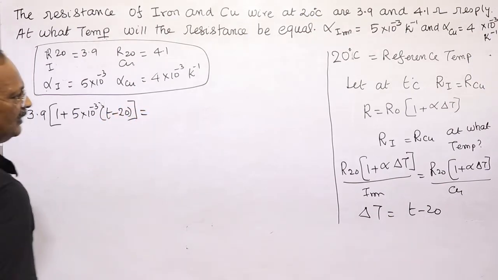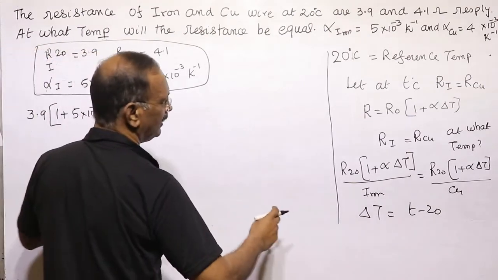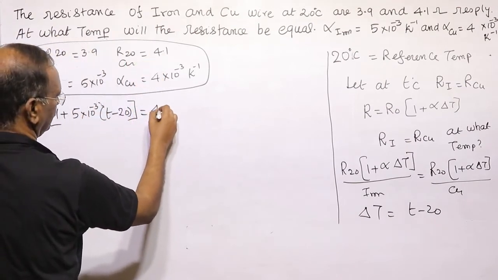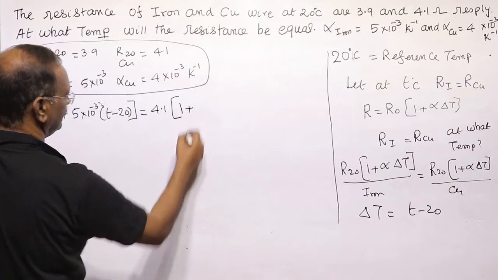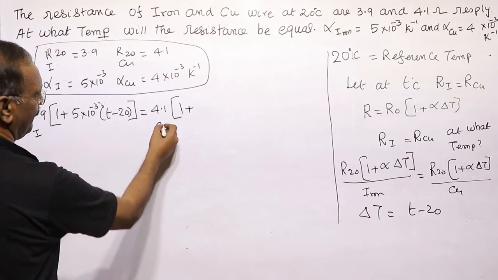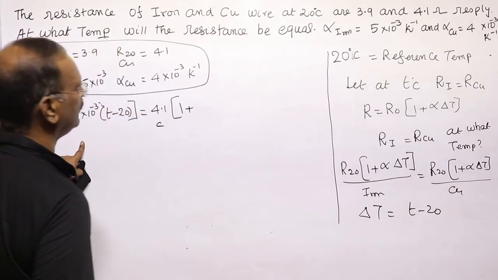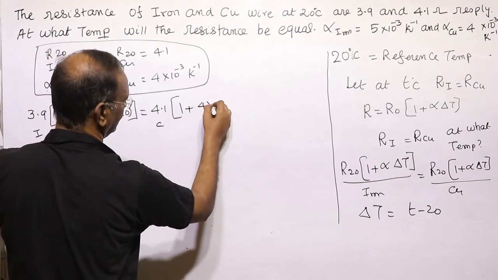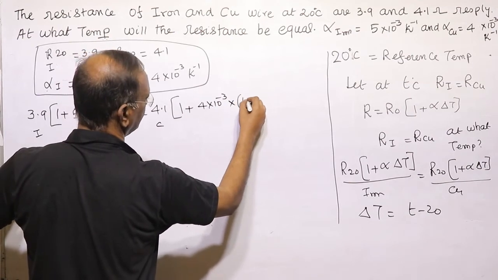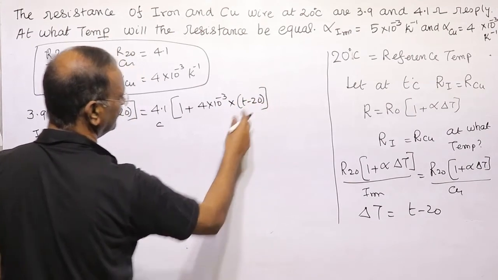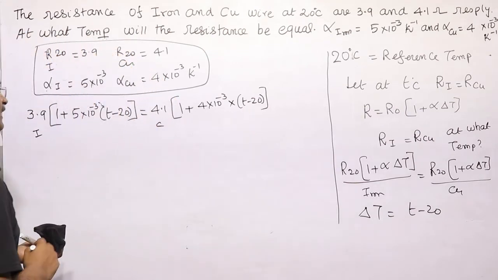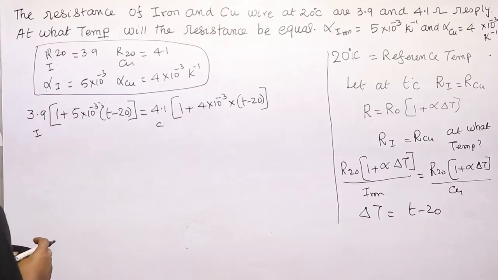Now R at 20 for copper is 4.1 into 1 plus alpha for copper. This is for iron, this is for copper. Alpha for copper is equal to 4 into 10 to the power minus 3 into change in temperature T minus 20, because it rises from 20 degree to T degree, at which both the resistances are same. So how can we write this?